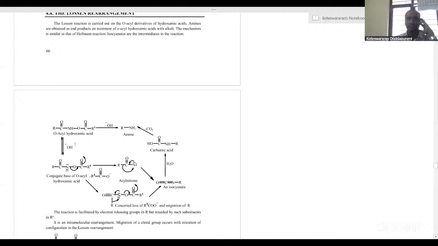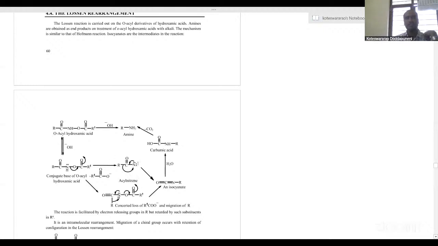There is a loss of one hydrogen from the nitrogen that leads to the formation of O-acyl hydroxamic acid anion, which further undergoes the rearrangement that leads to the formation of an isocyanate intermediate, or a deacylation that leads to the formation of acyl nitrene.